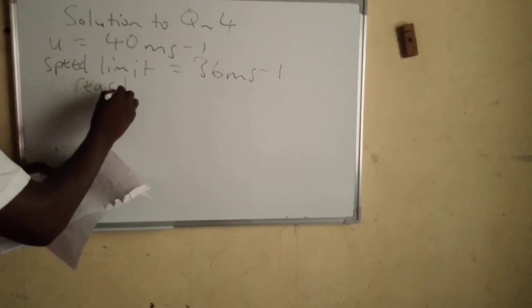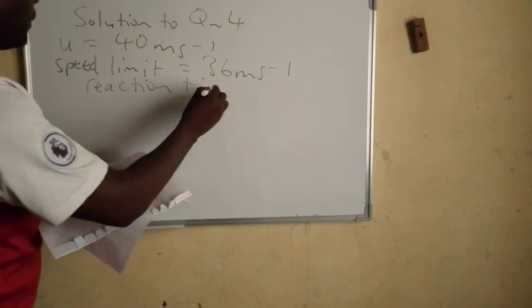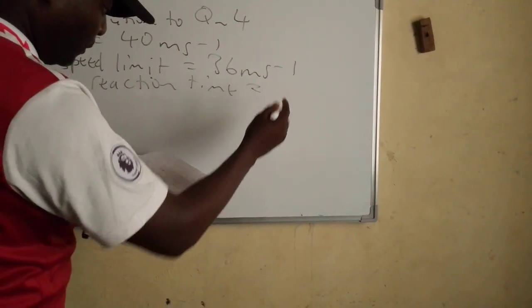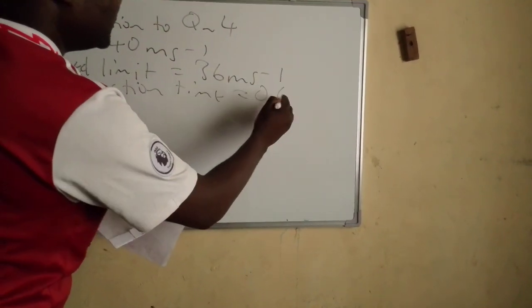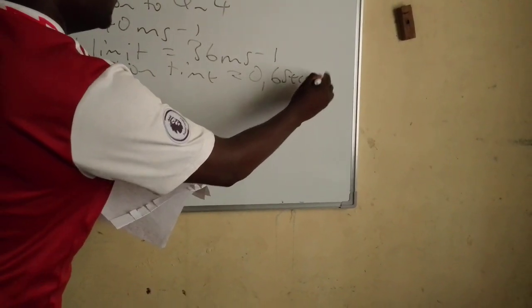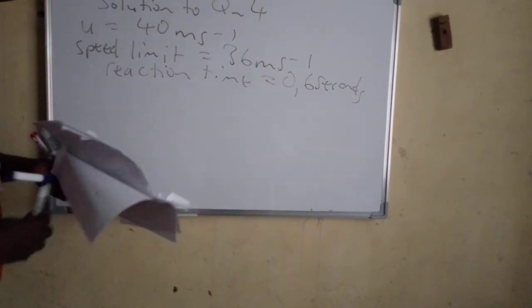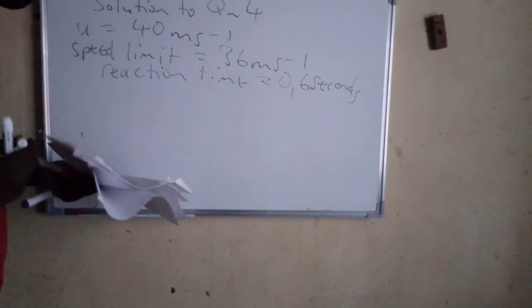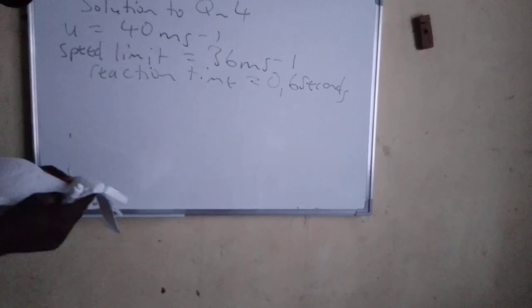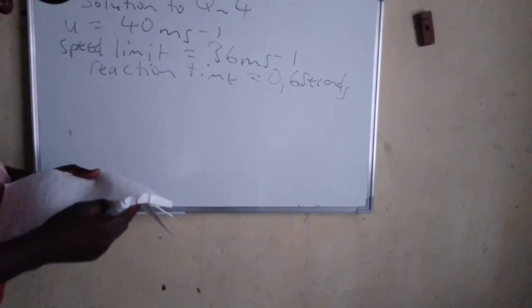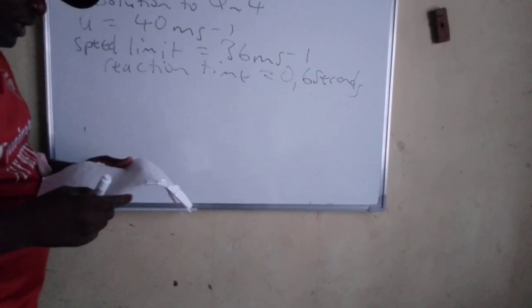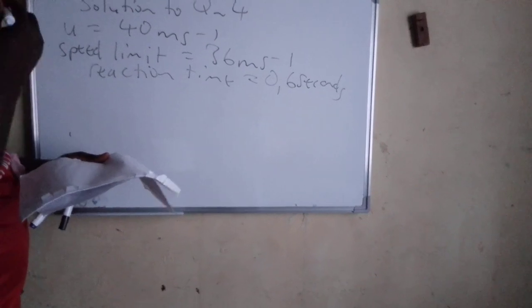The reaction time is equal to 0.6 seconds. The driver applies brakes with a deceleration of 10 meters per second squared. So you can find out whether the driver breaks the road rule or not.